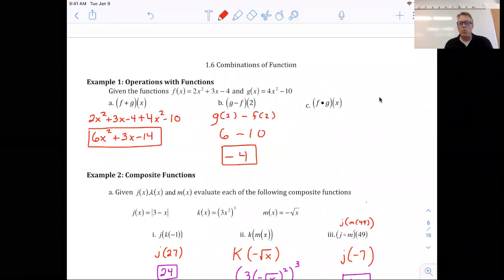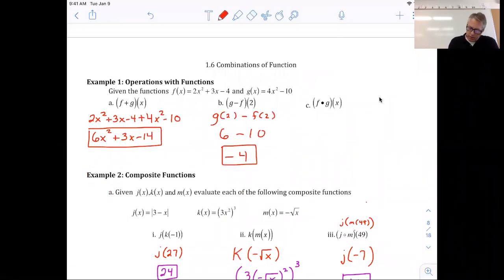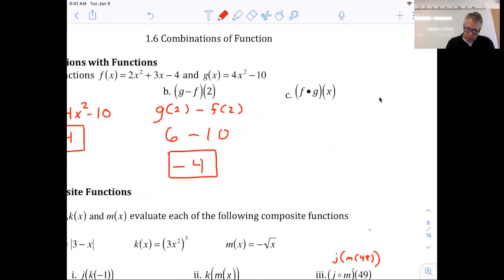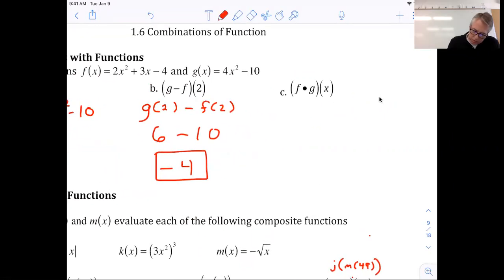All right, we got one more to do. Here we're going to multiply the two functions. So if that was a number, we would just find the f of that number and g of that number and multiply the numbers. But since it's x, that just means we're multiplying the two functions. So that means we're going to do 2x squared. I'm just rewriting f. 2x squared plus 3x minus 4.